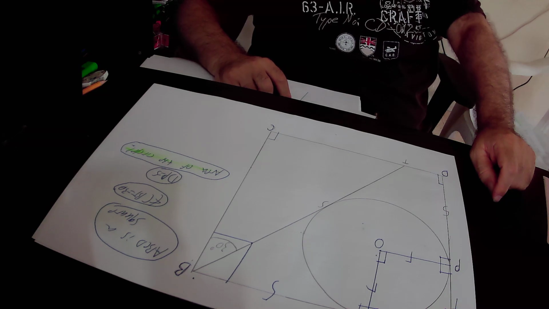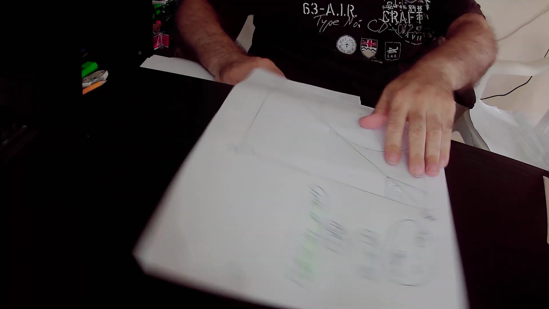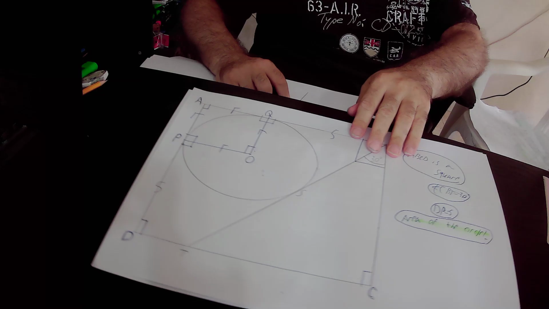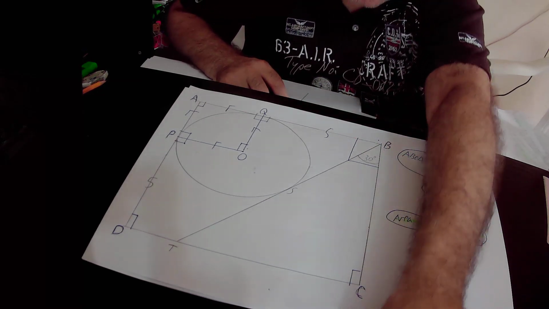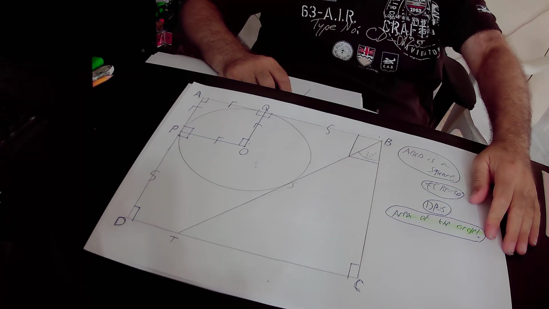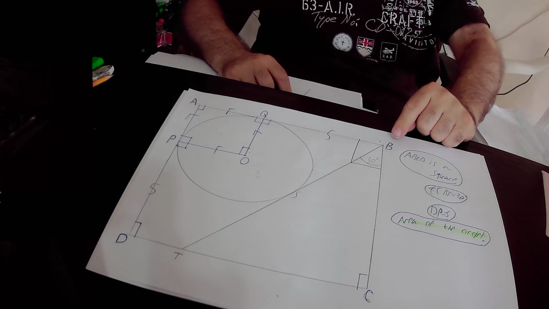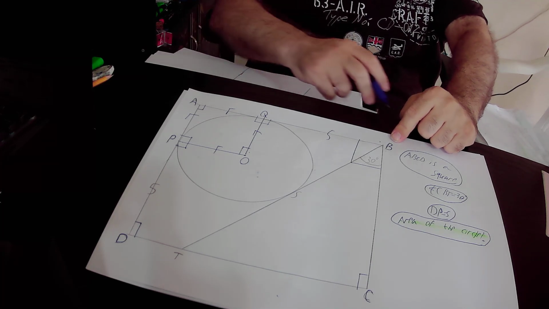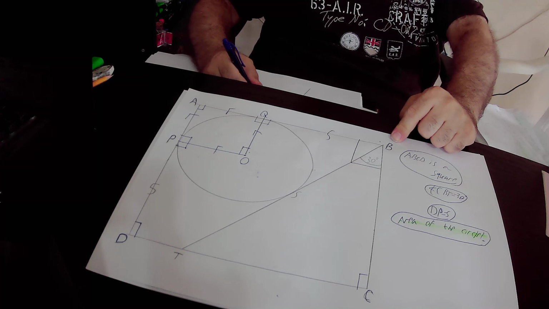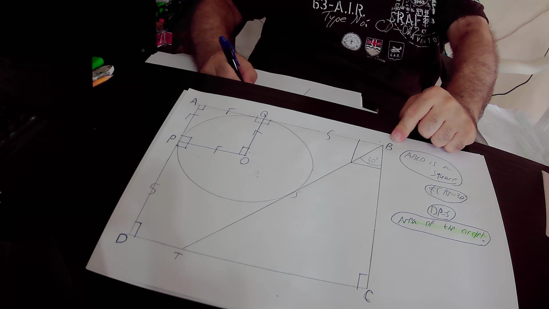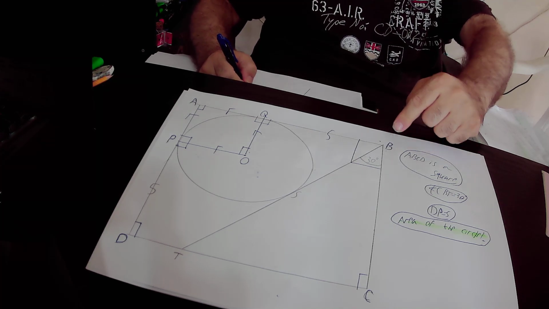In our drawing, if you focus on the common external point B, from the common external point B, we have tangent BQ to the circle and tangent BS.